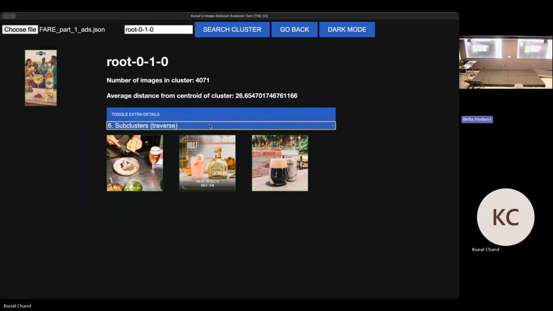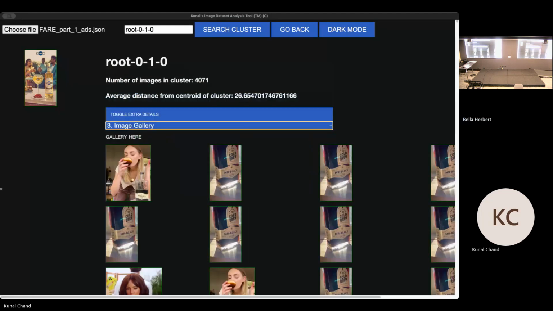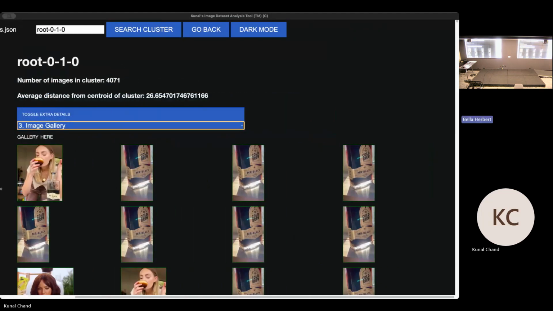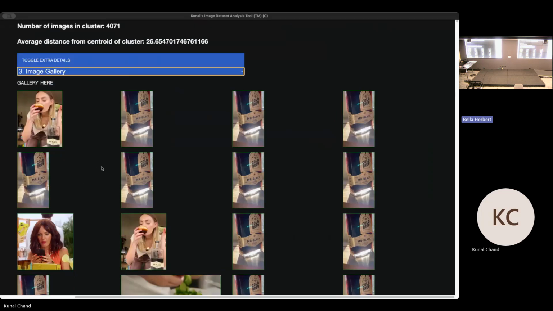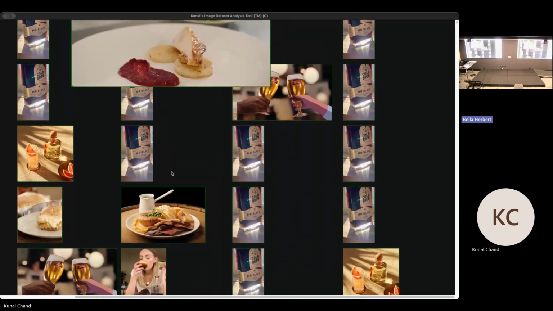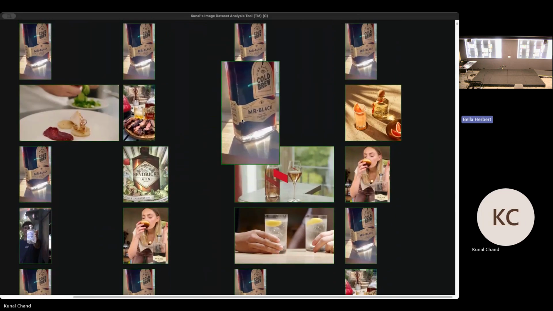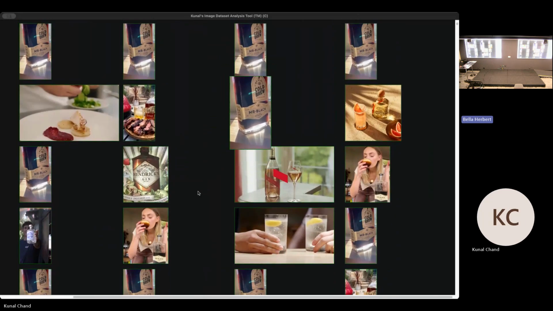Now, what happens when I want to see all of the images? Well, you see, this one has duplicates because multiple people saw the exact same ad. In collecting some of these ads, some of these were actually MP4s or GIFs, so we accidentally collected every single frame of those. But you can see for the most part, there are definitely visual patterns, especially this one that keeps continuously appearing.